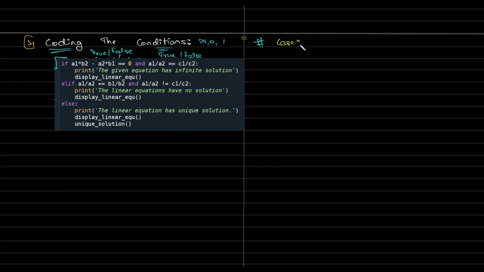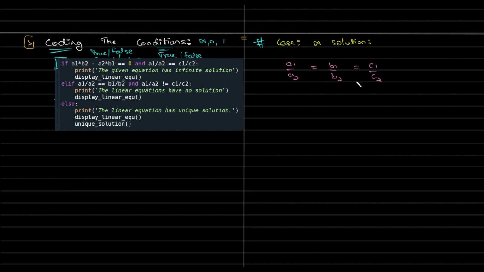We're looking at a case wherein you have infinite solution. So we're looking at a1 by a2 being equal to b1 by b2 is equal to c1 by c2. These are conditional statements written in a different format, which we can understand. But the computer won't understand this, so we have to tell it in a language which it understands.